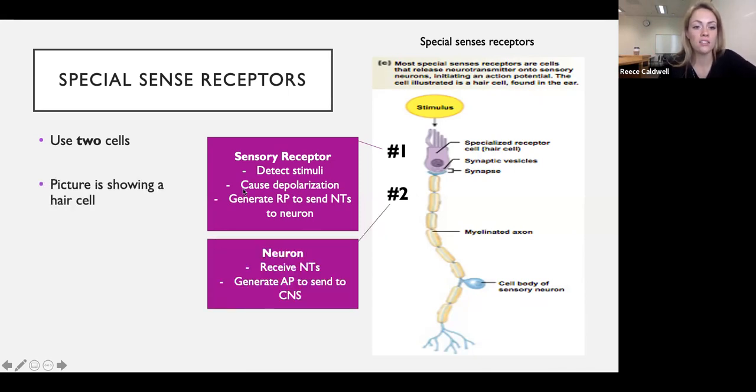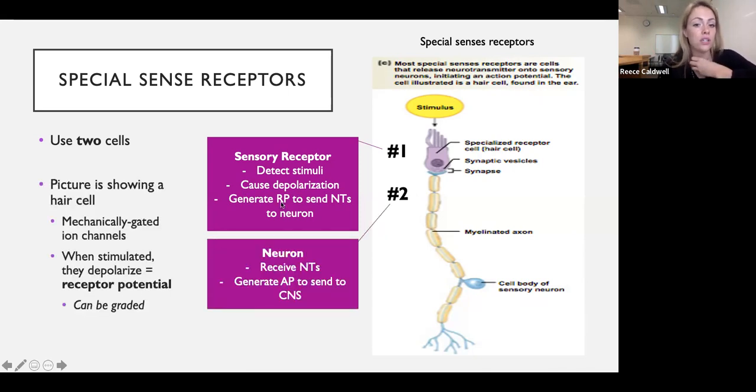One important thing to see here is that sensory receptors generate receptor potentials, not action potentials. Our sensory neurons will generate action potentials, but not our sensory receptors.